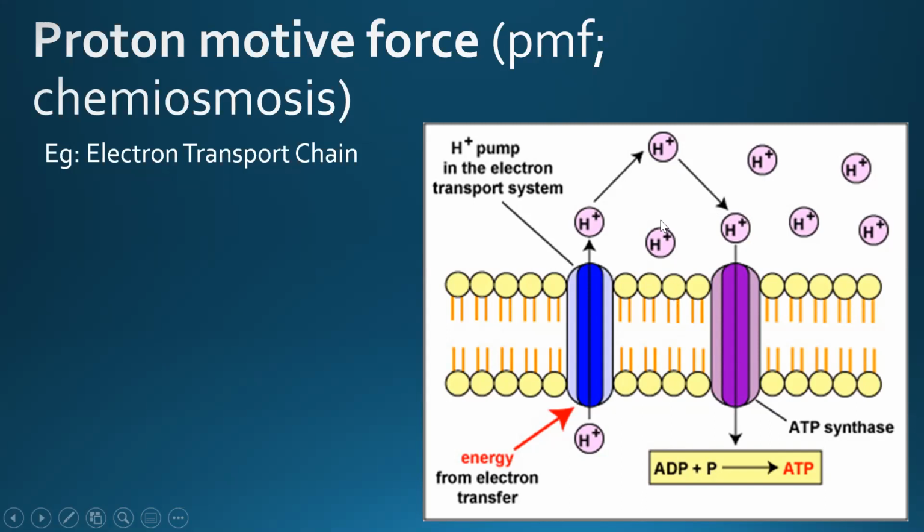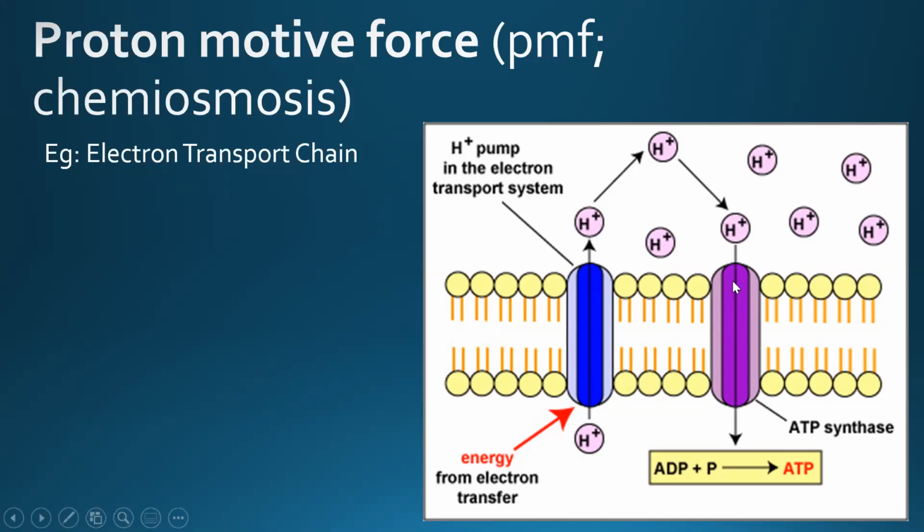Now, hydrogen, or protons, because they are ions and they are positively charged, that means they can interact with water, they are polar. Therefore, it cannot just cross via simple diffusion. We need to facilitate it. So it's facilitated diffusion.